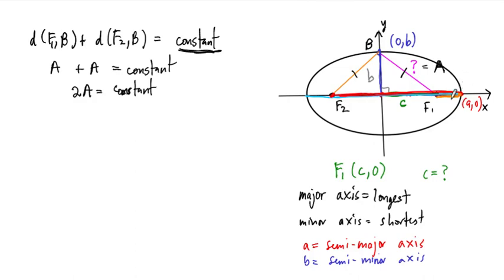But this portion right here is the same as the portion that goes over here. So when we add together the two lengths from the focus to the points on the x-axis, these just trace out the length of the major axis. And we know that the length of the major axis is twice what we call the semi-major axis.